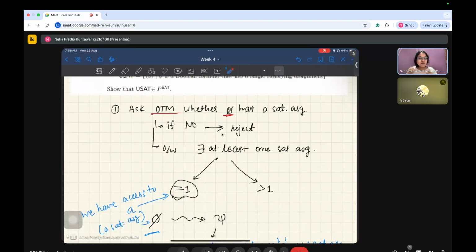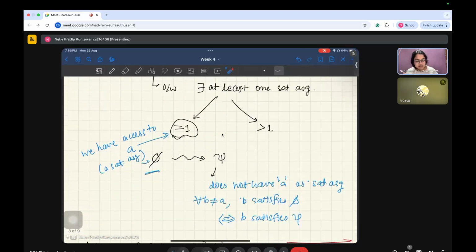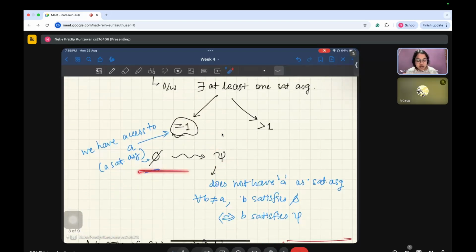It will not tell us what that assignment was. This is something that we assumed for constructing psi, and we also need to show how to construct psi. Even if I know an a, using a and phi, how do we get to psi? These are the two things that were in the black box.